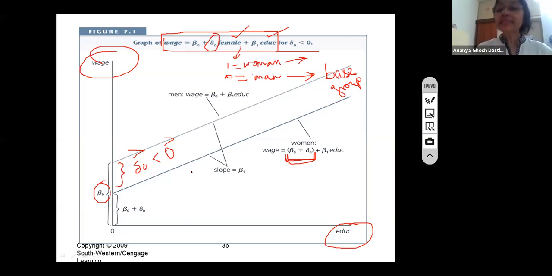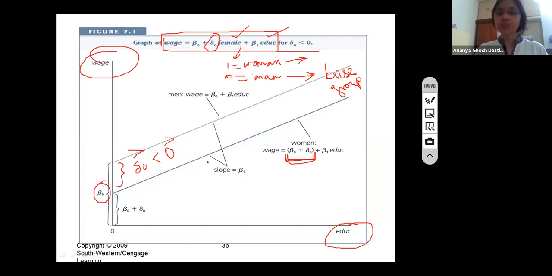And the coefficient of the dummy variable, female, is giving you the difference between the male and the female intercepts. That is the way to interpret the results. So this is telling us the difference in average wages between men and women is delta naught. That's what this actually represents.